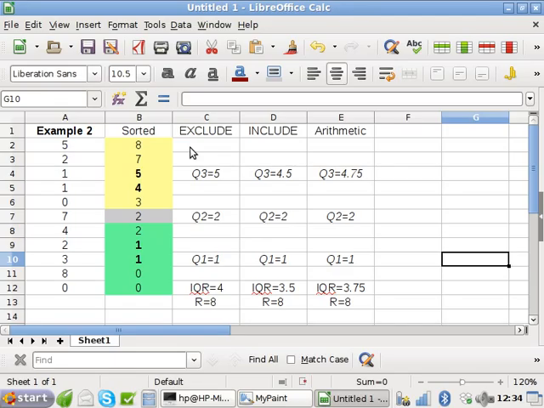Now, if you look at page 12, can you have a look? Really, it's the same type of question, but I want you to practice different methods. So in question 1, I want you to exclude. Number 2, you can see that it's also exclude.